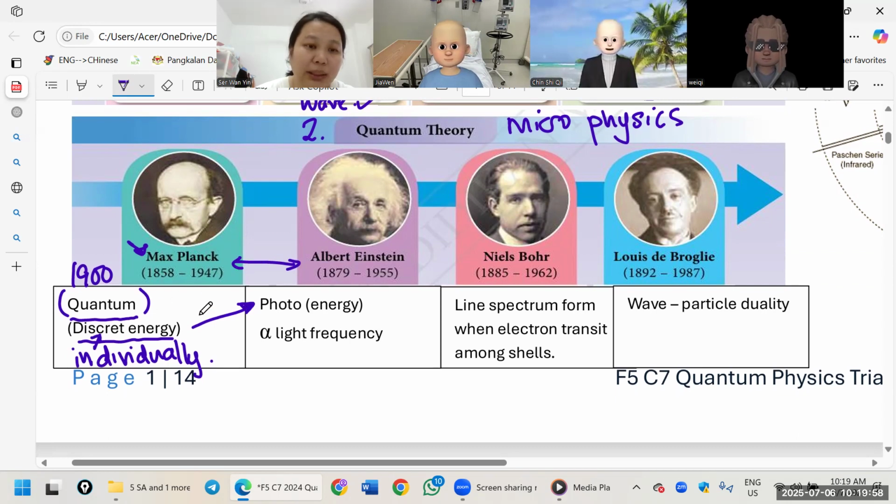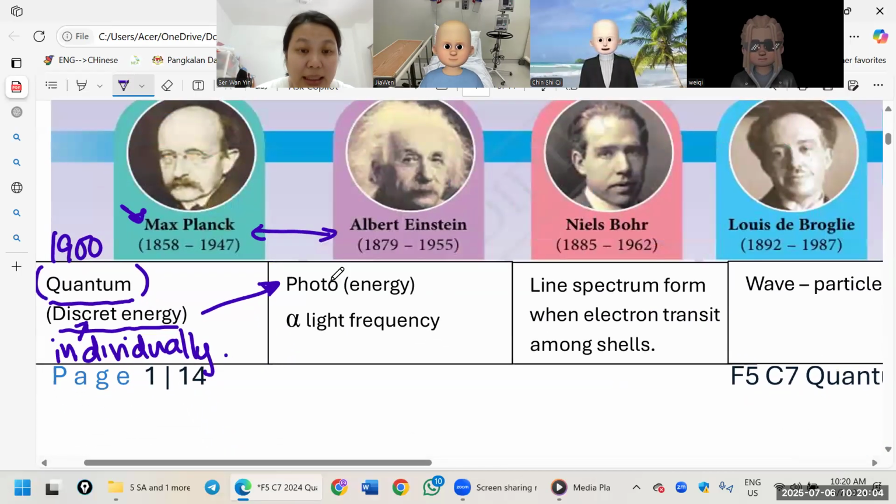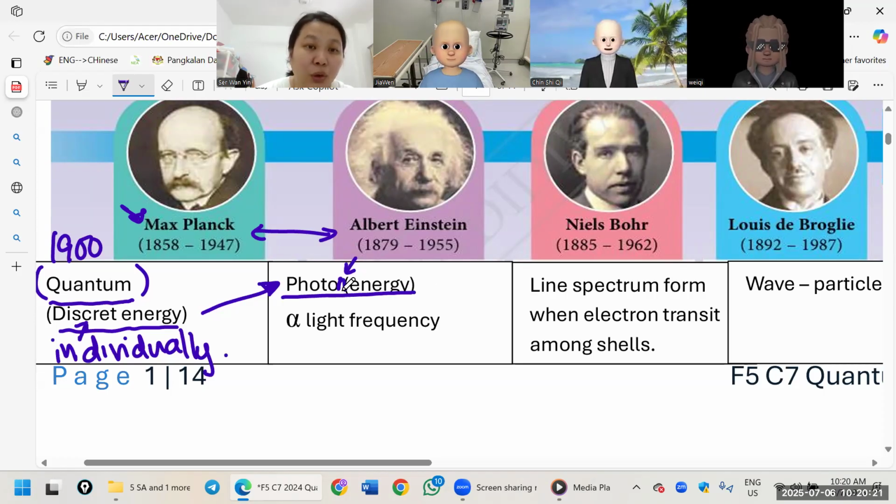He said quantum energy is a photon. Sorry, on this one I typed one word wrong, I missed one alphabet. Photon, not photo. Photon energy. Albert Einstein said photon energy. Please correct here. Photon energy.